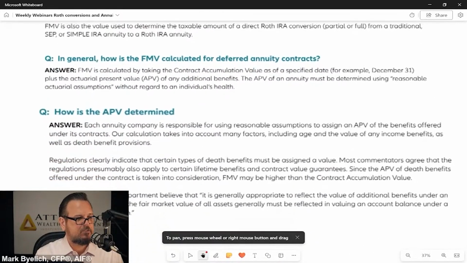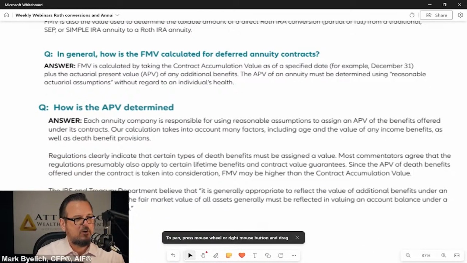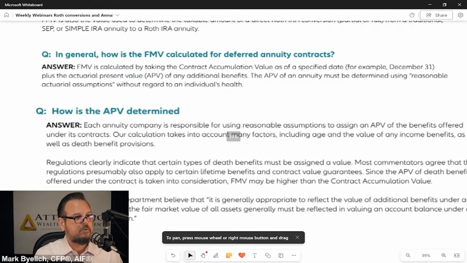Next question. In general, how is the fair market value calculated for deferred annuity contracts? Fair market value, let me make this just a slight bit larger. Fair market value is calculated by taking the contract accumulation value as of a specified date, for example, December 31st, plus the actuarial present value of any additional benefits. The APV of an annuity must be determined using reasonable actuarial assumptions without regard to the individual's health.